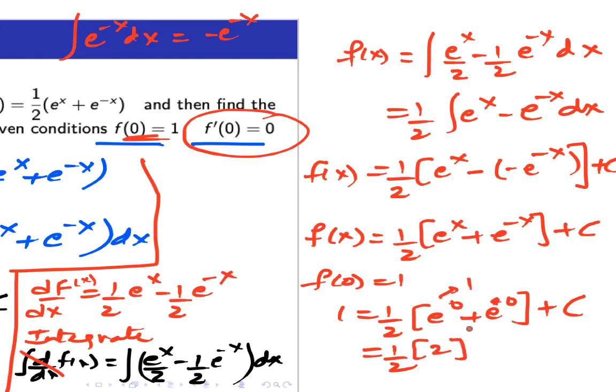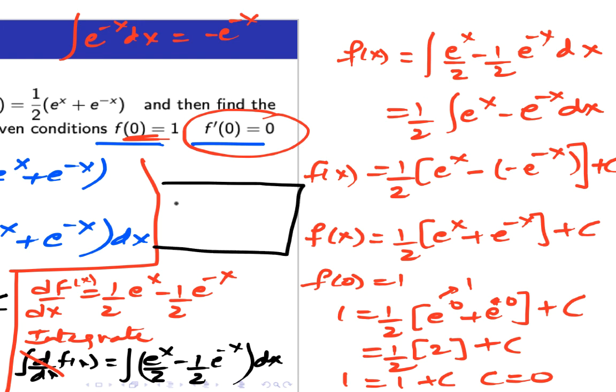Remember, this is 1 plus c, or 1 equals 1 plus c, or c is 0. So the final answer, guys, is f of x equals, remember the c is 0, half of e to the power x plus e to the power minus x.